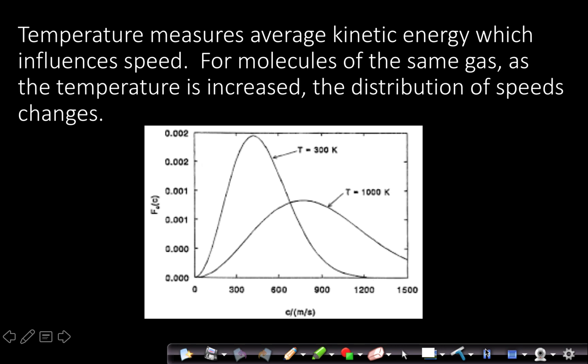Now, if we're talking about the same gas at two different temperatures, we know that temperature measures the average kinetic energy and that this influences the speed. But if we have the same number of molecules and the same gas, but we change the temperature, the distribution of speeds changes, because at a higher temperature, the speed that is most prevalent will increase.